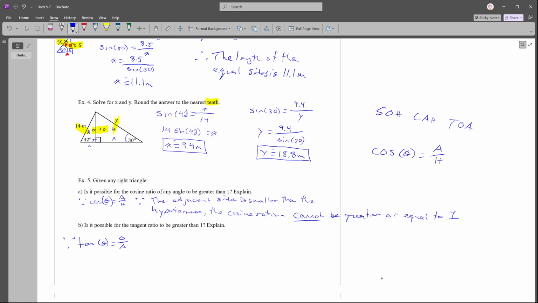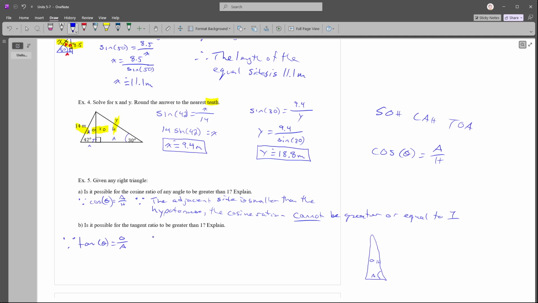If I had a triangle like so, and my reference angle is down here, this is going to be the opposite, this is going to be the adjacent, and this is the hypotenuse. In this case, the opposite is way bigger than the adjacent, which means my tan ratio is going to give me a value of greater than 1.